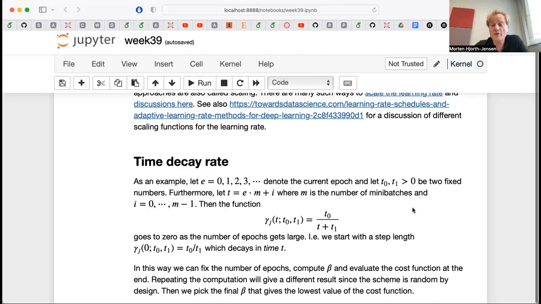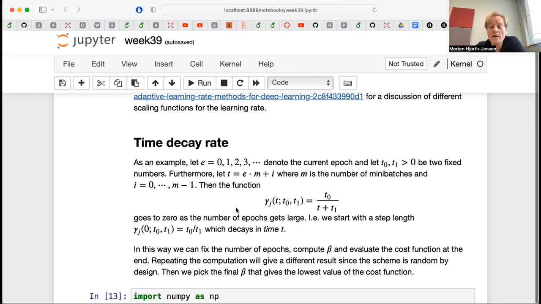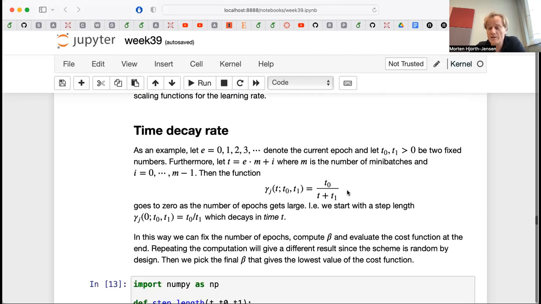And these are fixed numbers, so you would have to fix them before you start the calculations. So they become parameters. You can now let this t be something which varies with the number of epochs and the number of mini batches, plus i, which is the number of iterations, or number of times you run through them. And then you would have a function which looks like this.